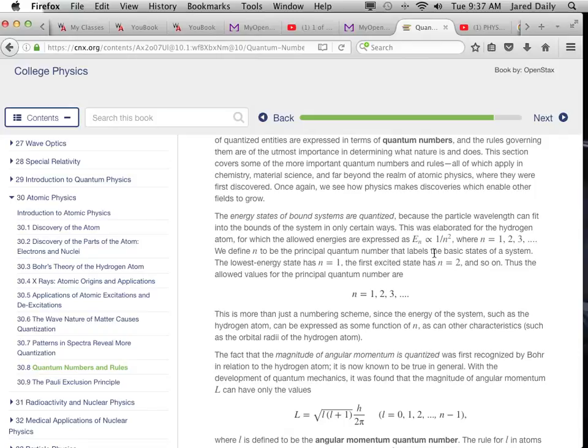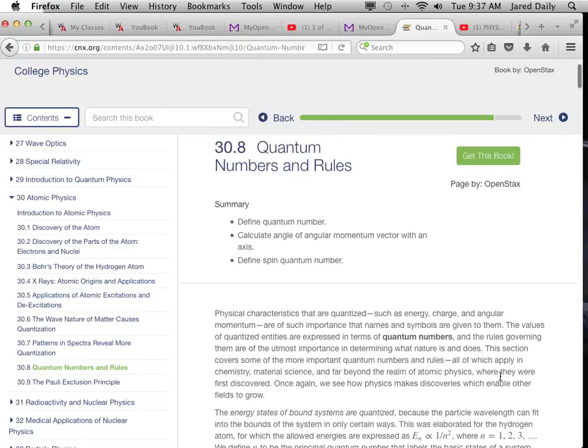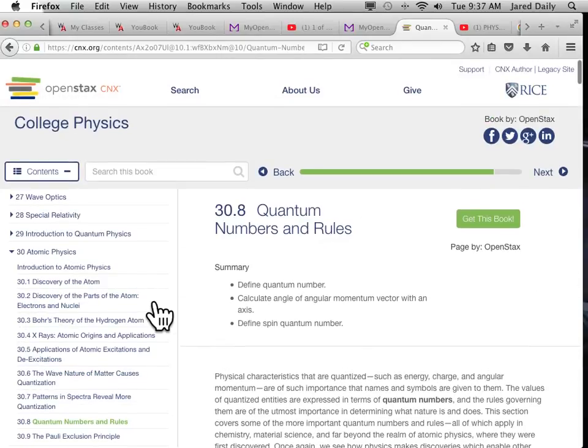It's proportional to 1 over n squared. So we have an n squared down here, but it ends up being I think Z times 13.6 electron volts over n squared, where Z is the number of protons in the nucleus. And I think it's Z, but where is it?